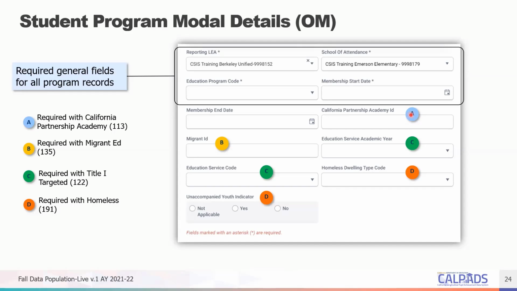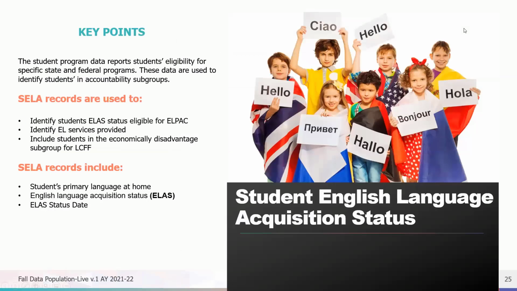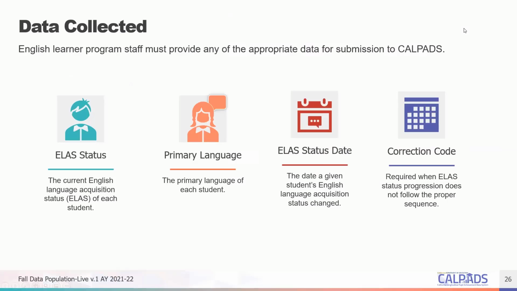So those fields are not normally required during Fall 1 if you're not reporting these codes anyway. So that's basically it for SPRG and SELA reporting.